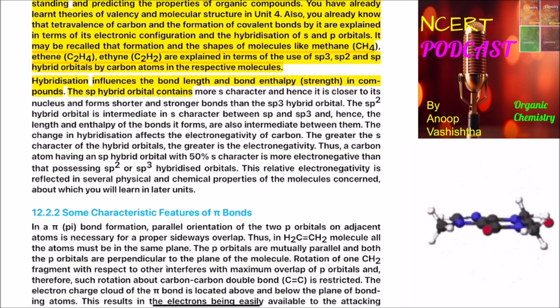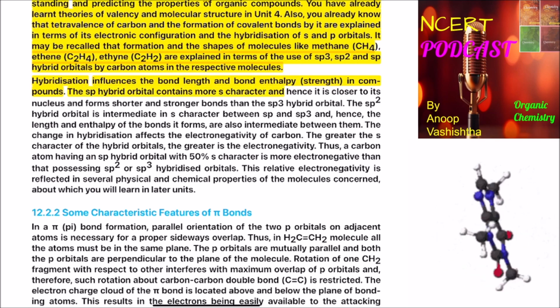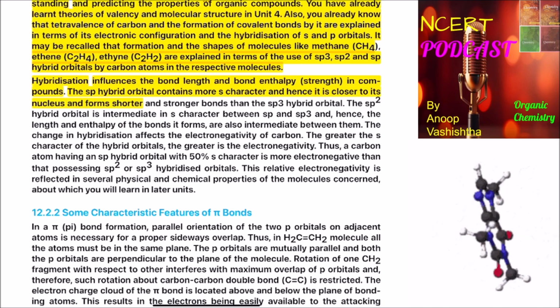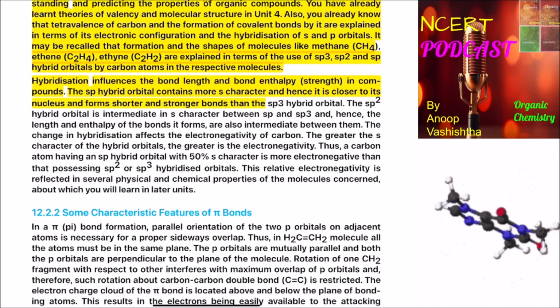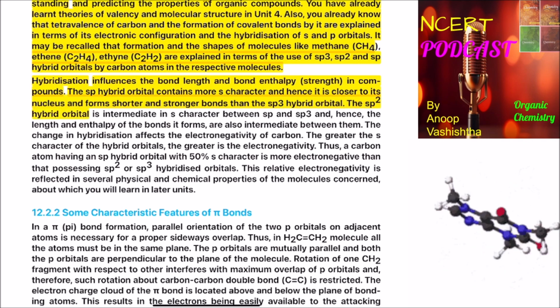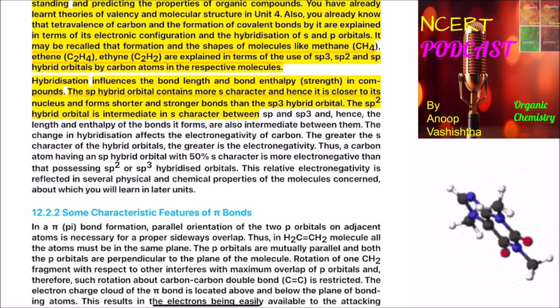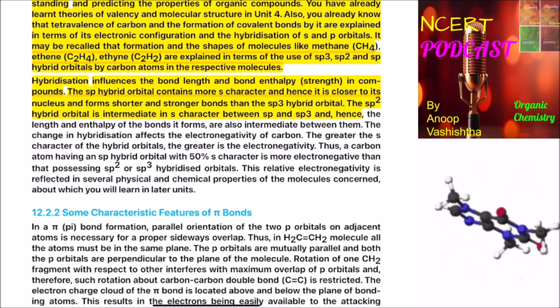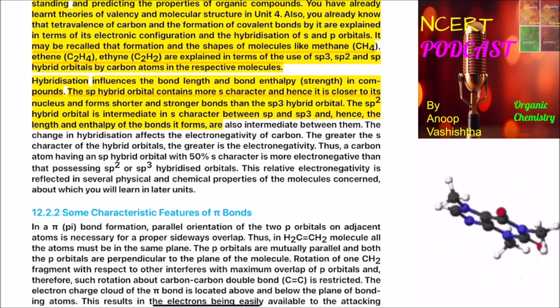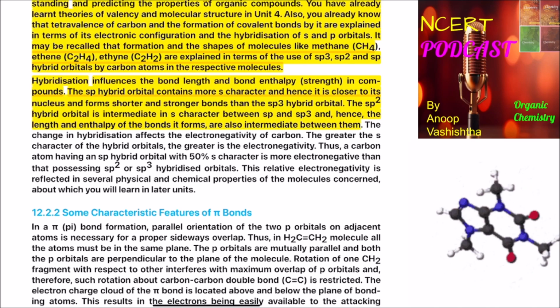The sp hybrid orbital contains more s character and hence is closer to its nucleus and forms shorter and stronger bonds than the sp3 hybrid orbital. The sp2 hybrid orbital is intermediate in s character between sp and sp3, and hence the length and enthalpy of the bonds it forms are also intermediate between them.